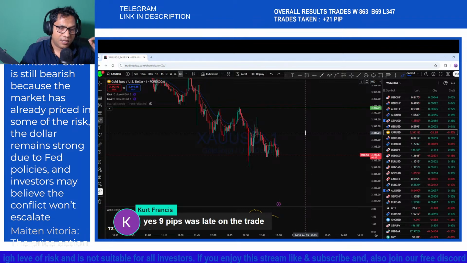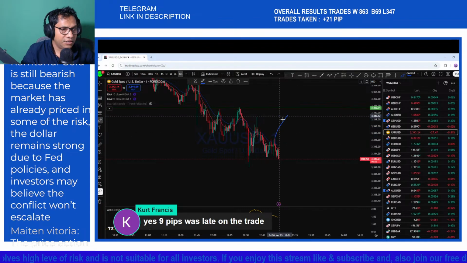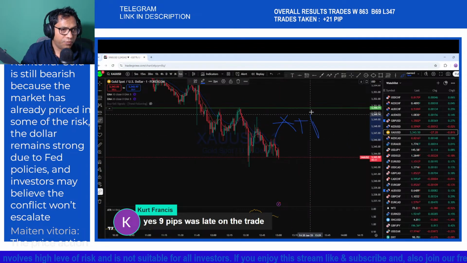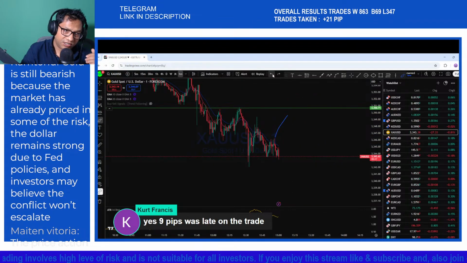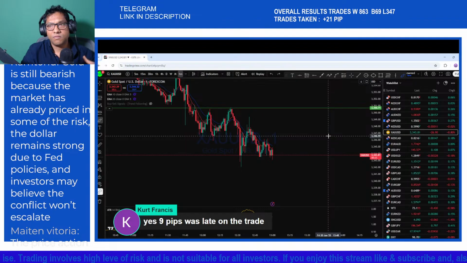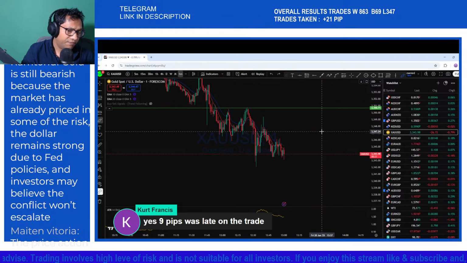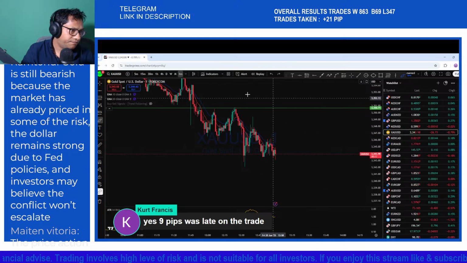And combining with ATR, very important indicator. How many of you know or are familiar with ATR? Combining with the ATR will give you a high probability entry every time you enter the market.